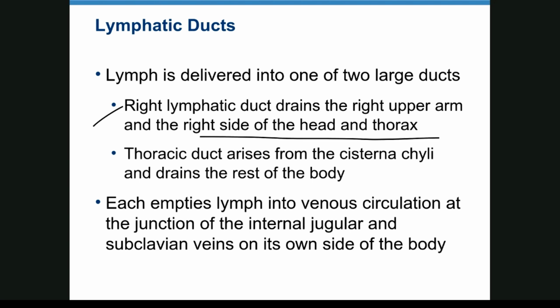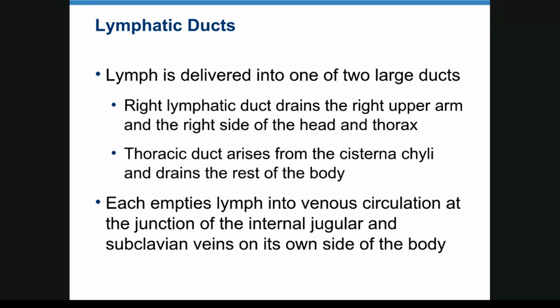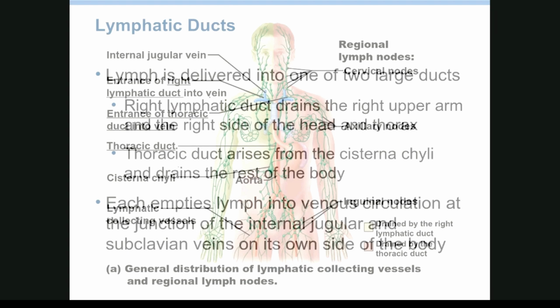The thoracic duct arises from a little structure called the cisterna chyli and drains the rest of the body. And then it enters the venous circulation at the internal jugular and subclavian veins at the junction on each side, on its own side of the body.